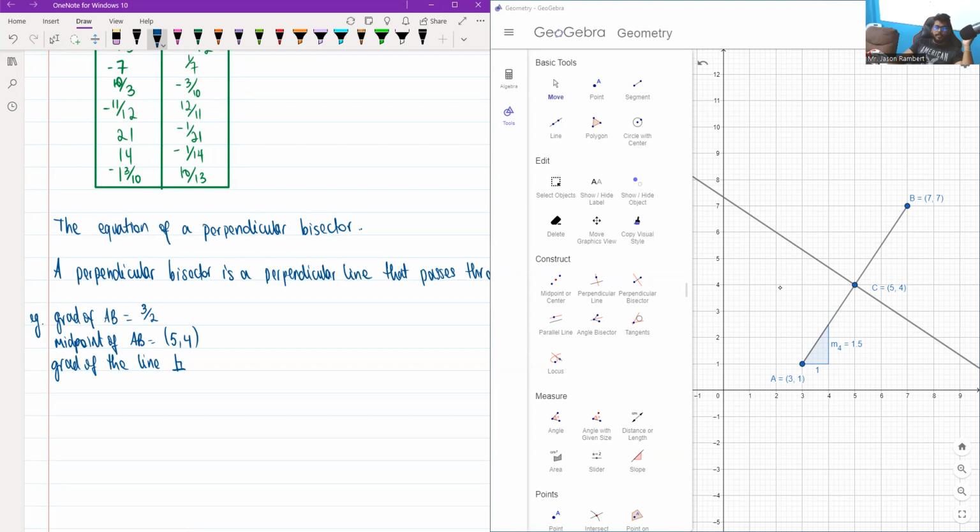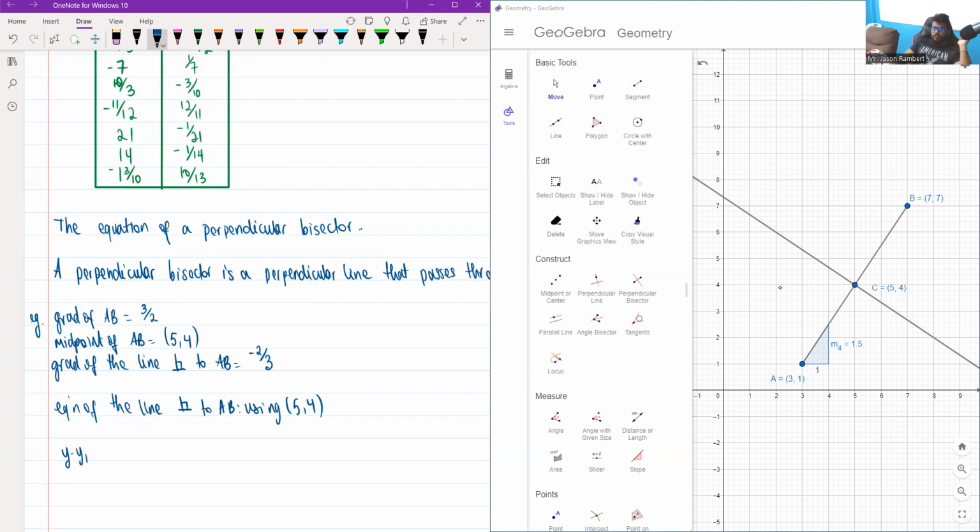This is the symbol for perpendicular. Yeah? We have enough information to calculate the equation of the line perpendicular to AB using 5, 4, because 5, 4 is the point on the line.